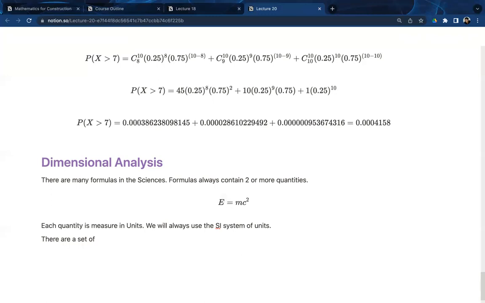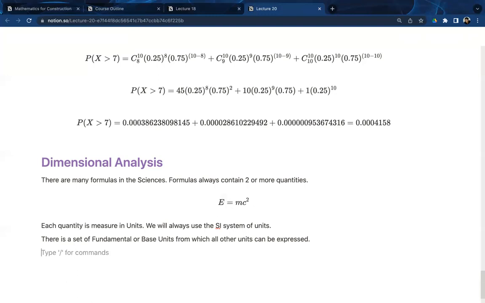Set of fundamental or base units. And in physics, the reason for deciding on these fundamental units is kind of arbitrary, right?